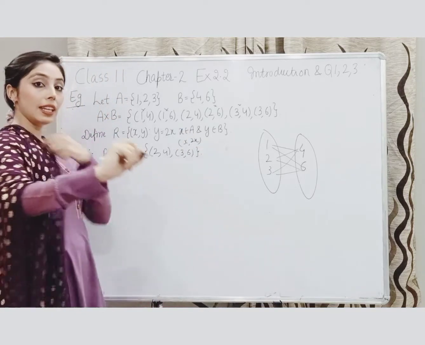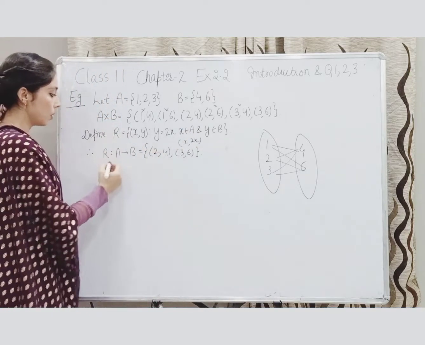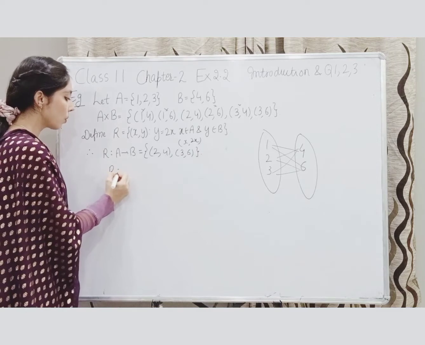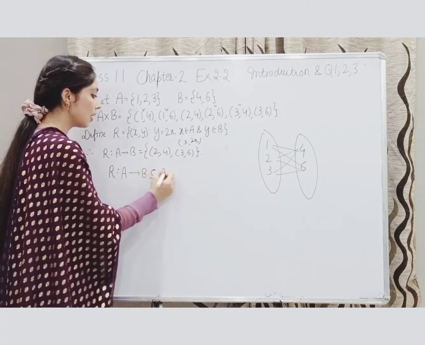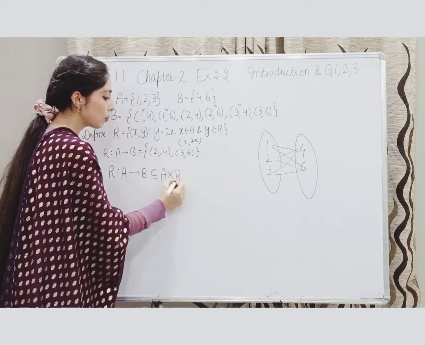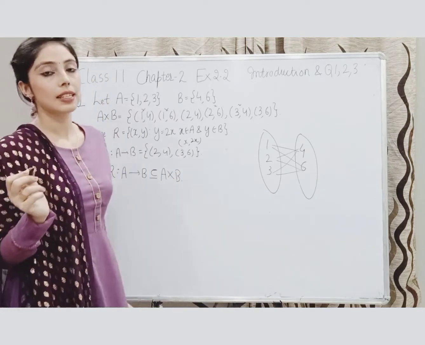So we can easily observe that the relation from A to B is a subset of the Cartesian product of these two sets.